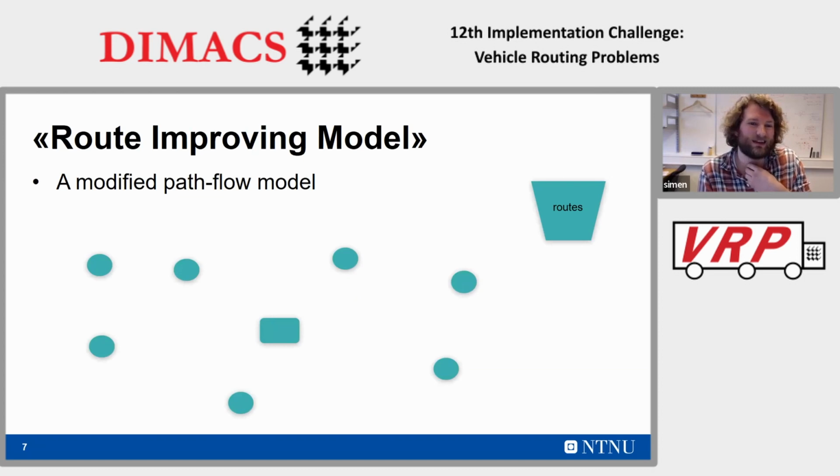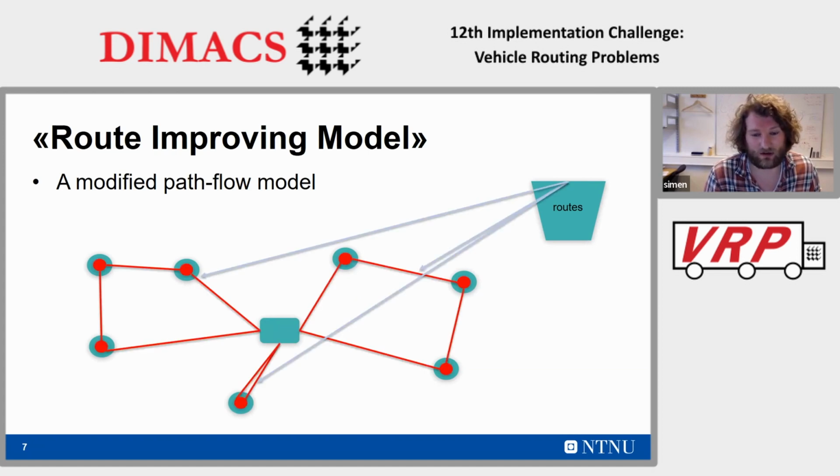What it basically is, is a modified path flow model. And what we call a path flow model is what Stefan in the last talk called a route-based formulation. It's basically that you have a set of routes, and you choose among these routes, and then you calculate what you should deliver to each customer.